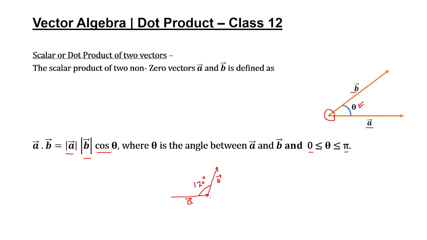For that we move this vector A further in such a way that the initial point of vector A and B is meeting at a common point. Now this angle is 60 degree. So the angle between A and B is 60 degree.